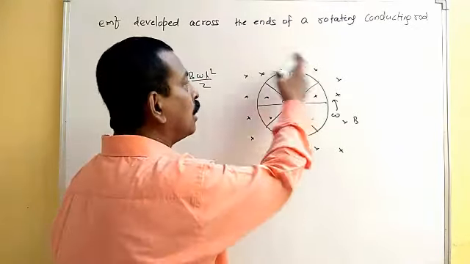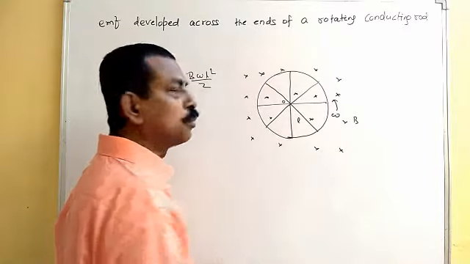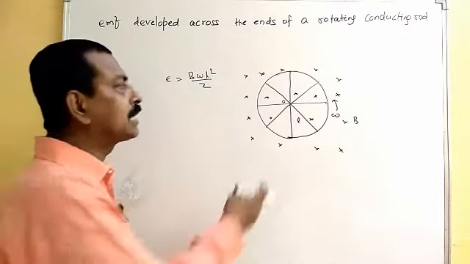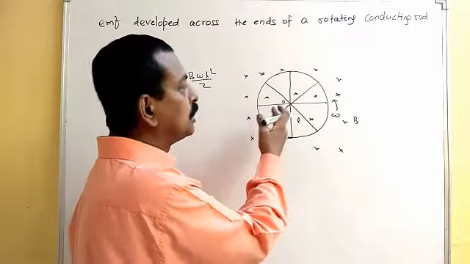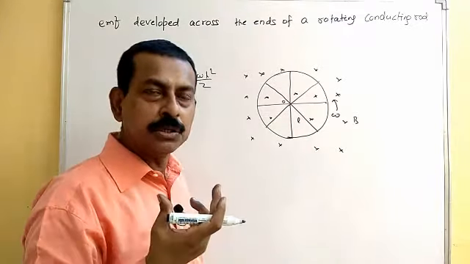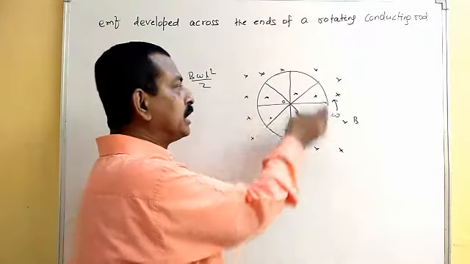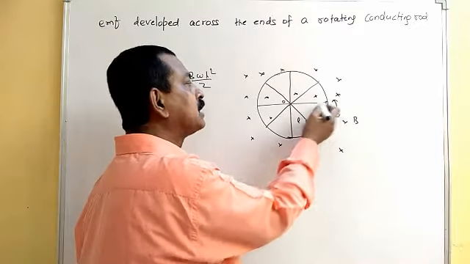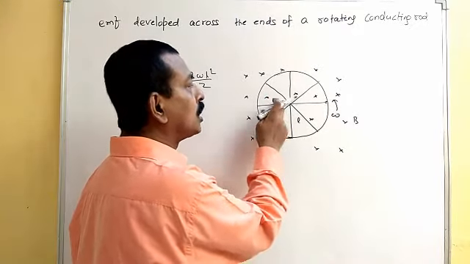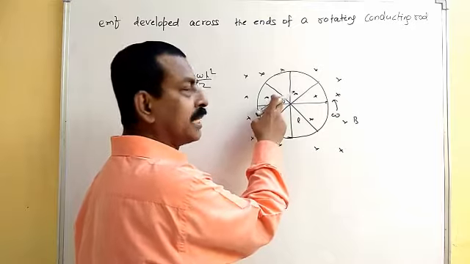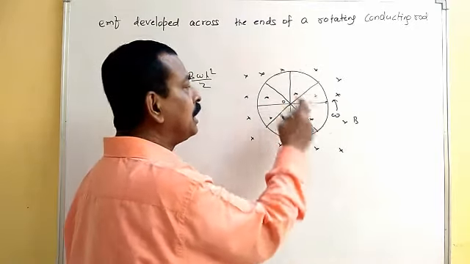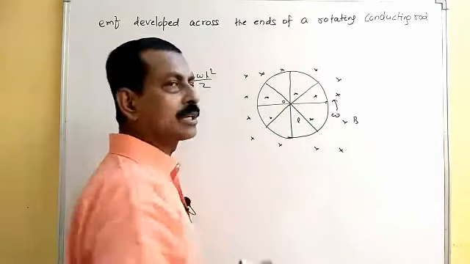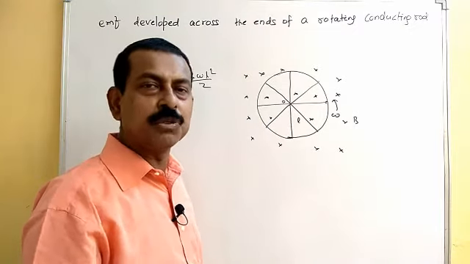Now, if you consider a wheel with a number of spokes, so many spokes, which are like new rods, are rotating. In that case, what is the EMF developed across its center, that is the center of the wheel, and a point on its circumference, or the rim of the wheel?